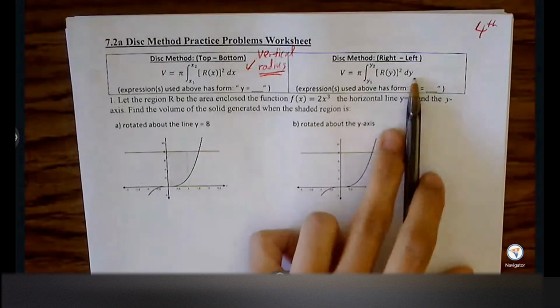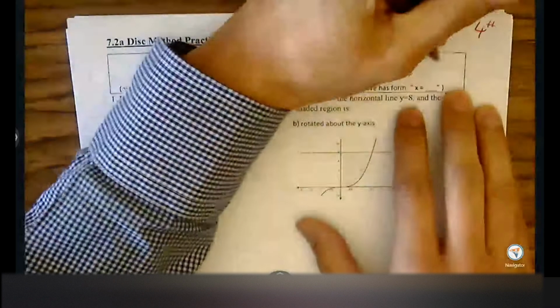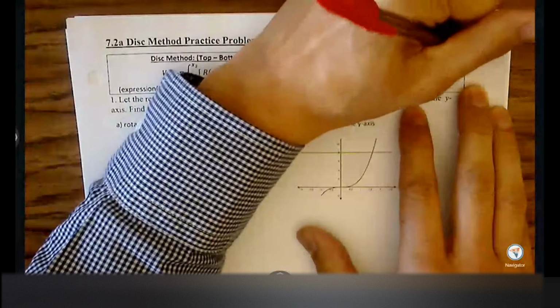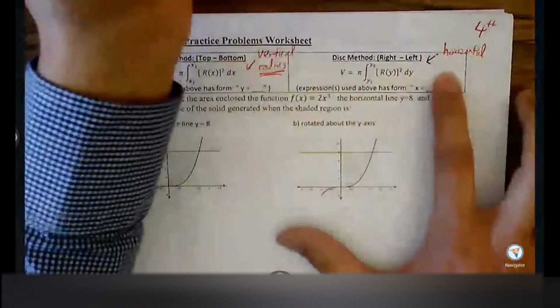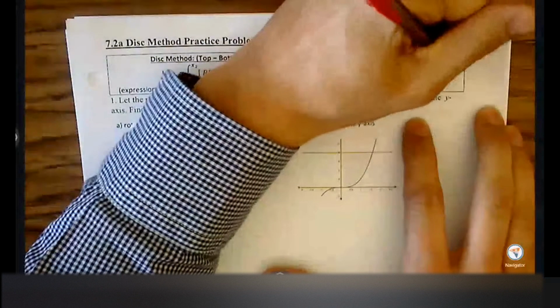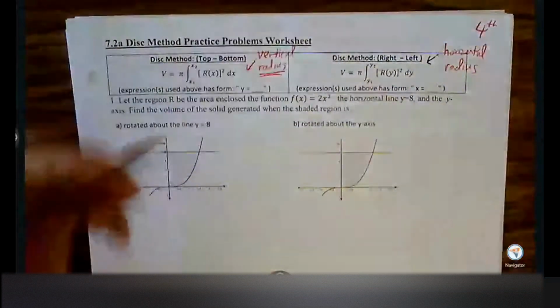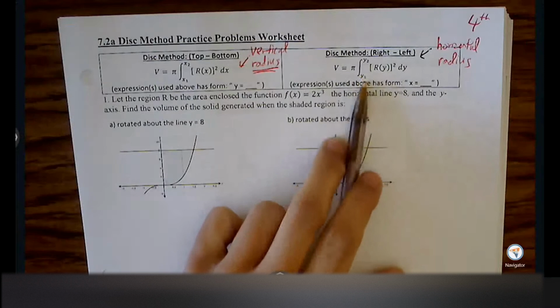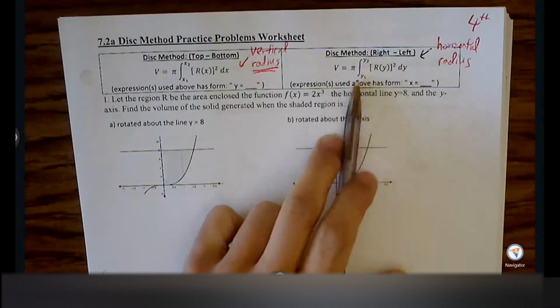Now, if our radius ends up being horizontal, then we have to make quite a few adjustments. Okay. So understandably, this is the format that students struggle with, just because there's more things you have to change. You have to change the way you look at the bounds. The bounds are no longer in terms of x, they're in terms of y.